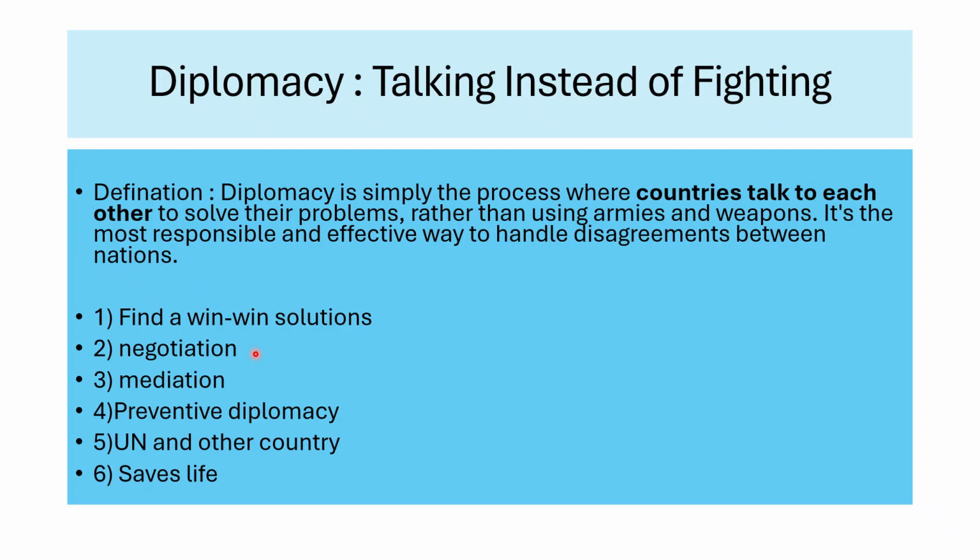Negotiation means bargaining, giving and taking a little from both sides. So by negotiating, by talking, we can also solve war through diplomacy. Okay, then mediation. Mediation: let's suppose two countries are fighting, for example Russia and Ukraine, and there is a third country like the USA. The USA comes forward and tries to mediate the war between Russia and Ukraine.